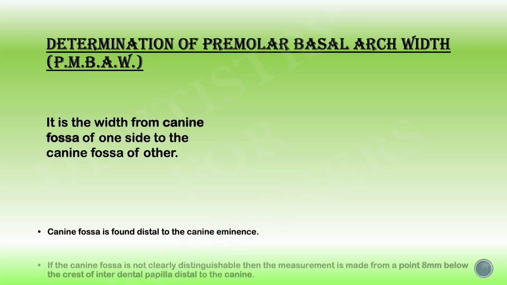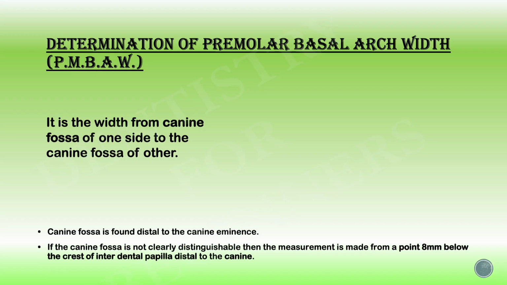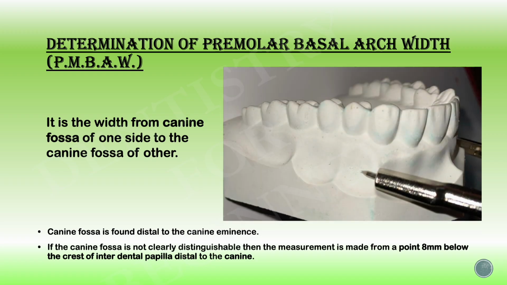But if the canine fossa is not clearly distinguishable, then the measurement is made from a point 8 mm below the crest of the interdental papilla distal to the canine. So basically when the canine fossa is not distinguishable through the canine eminence, we measure from a point that is 8 mm below the crest of the interdental papilla distal to the canine.